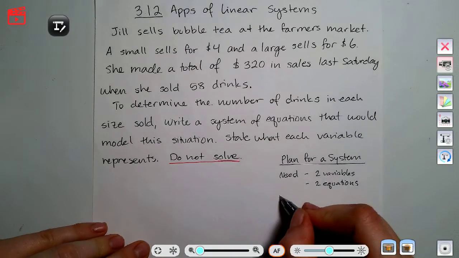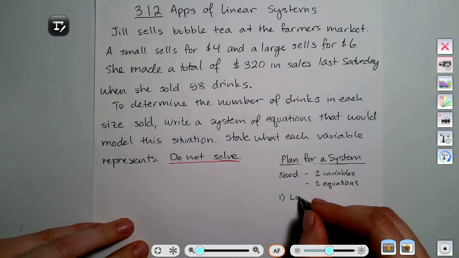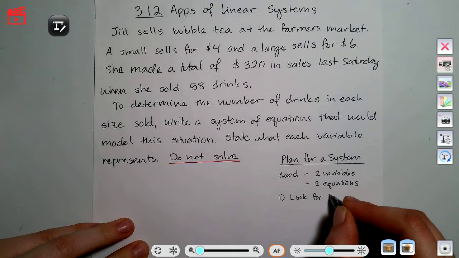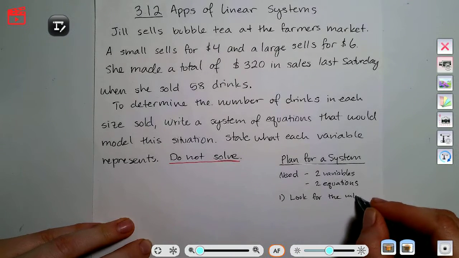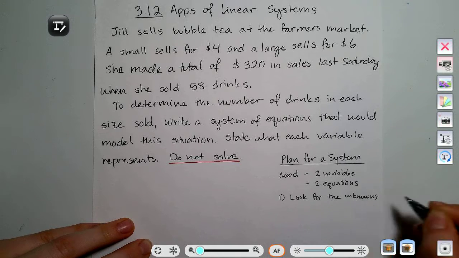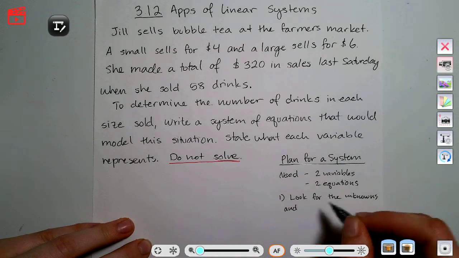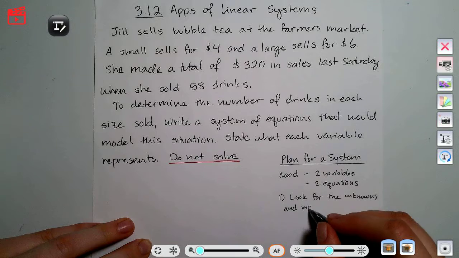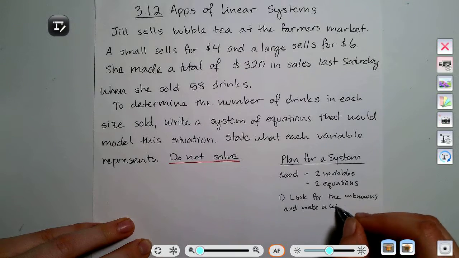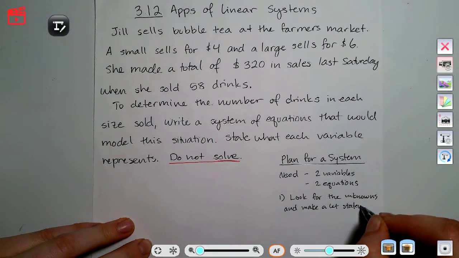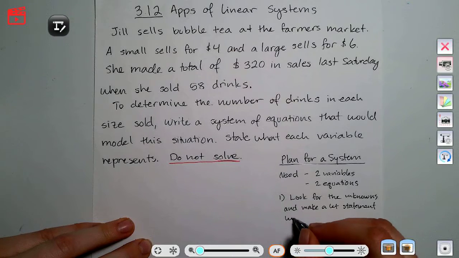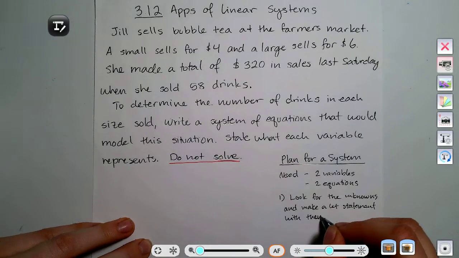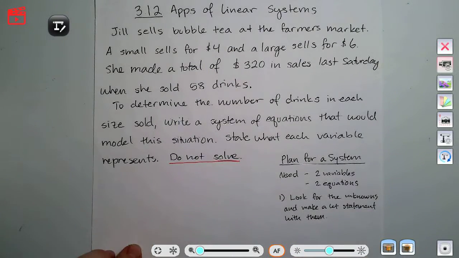Well, the first thing we're going to do is look for the unknowns. Look for the unknowns. And make a let statement with them.